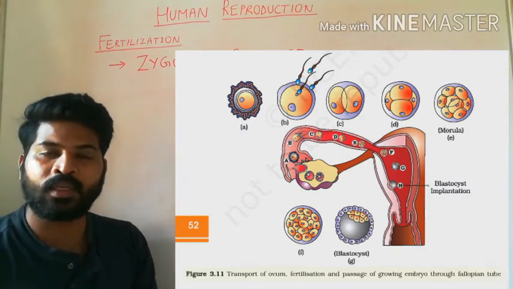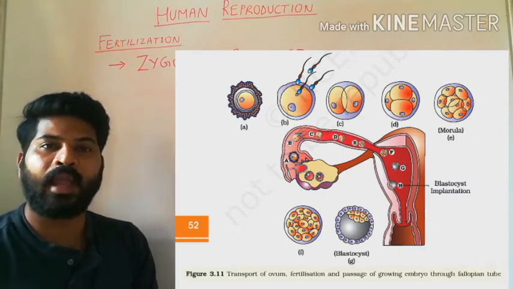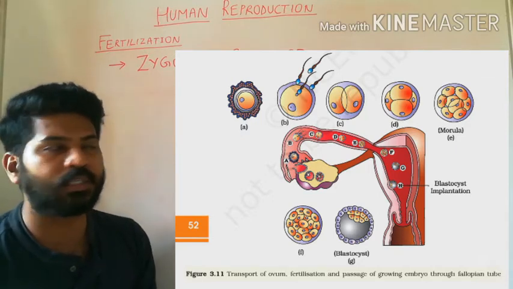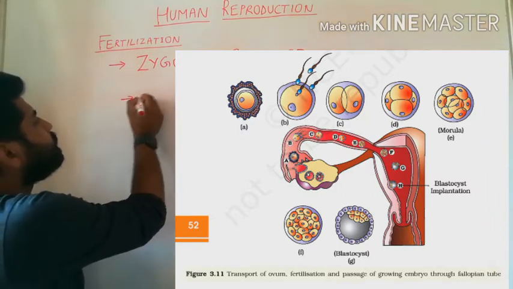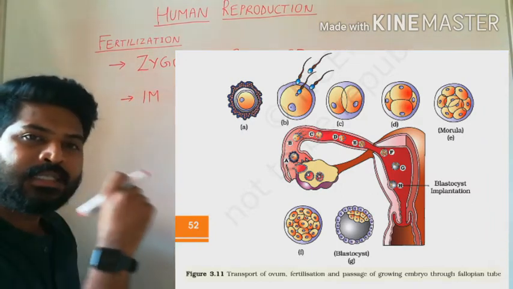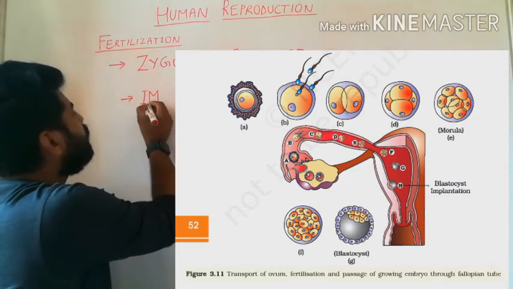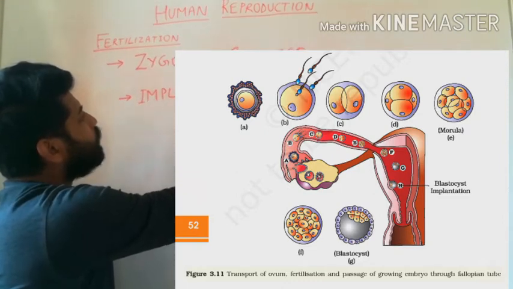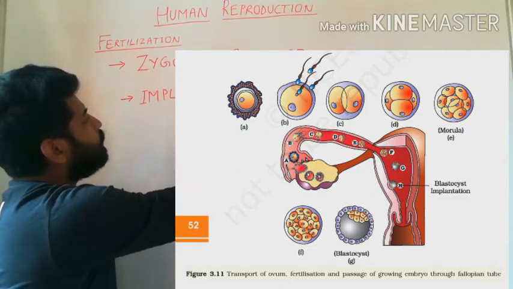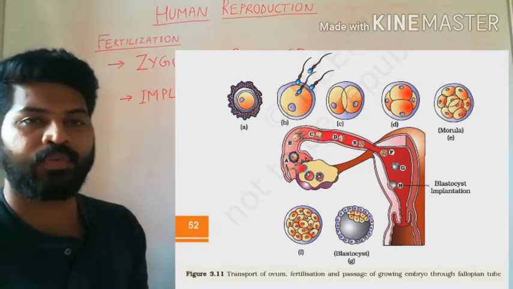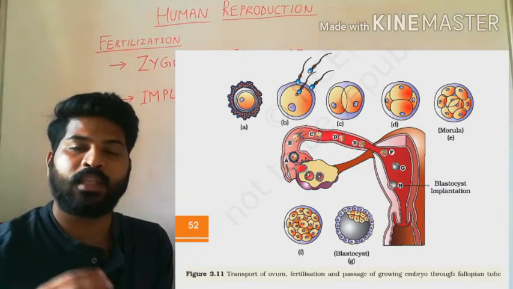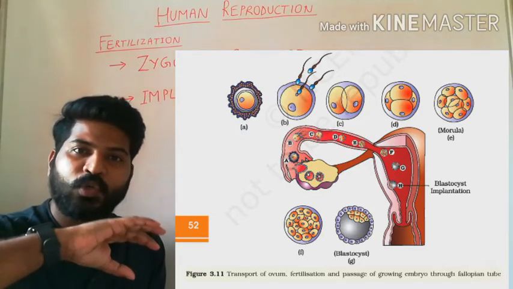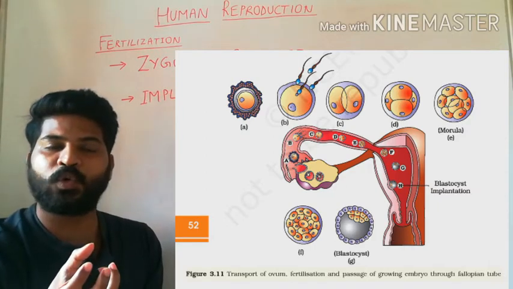The attachment of the blastocyst to the endometrium layer of the uterus is known as implantation. It will plant itself into the endometrium layer. As soon as the blastocyst plants itself in the endometrium layer, the uterine cells will start dividing, and the uterine tissue will now cover the blastocyst.